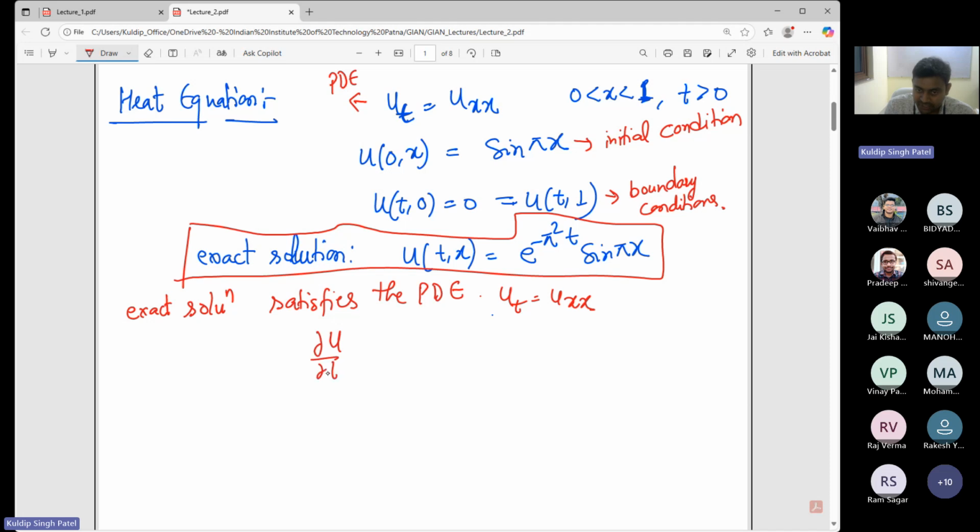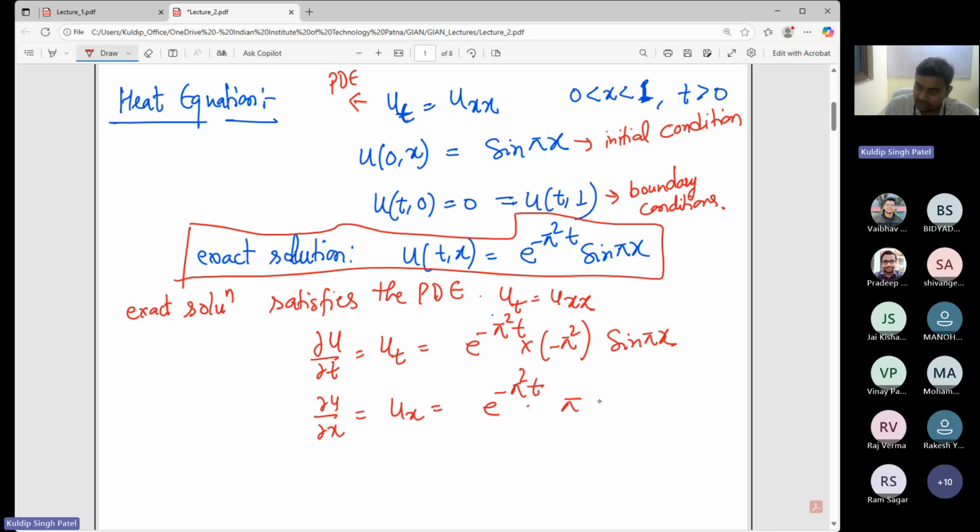ut means del u by del t, right? Its value will be e to the power minus pi square t into minus pi square into sine pi x. And what would be del u by del x? That is ux, which is e to the power minus pi square t into pi cos pi x.